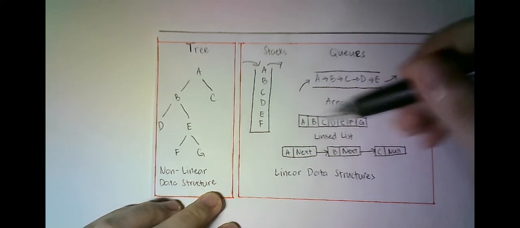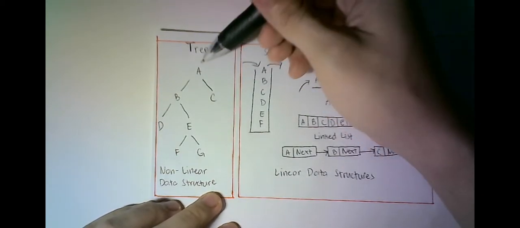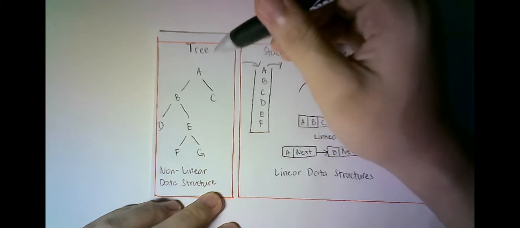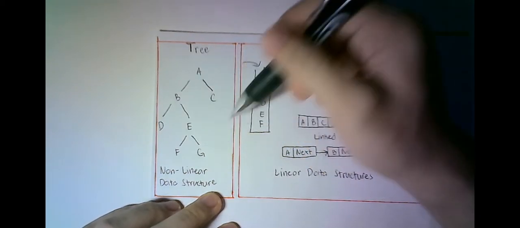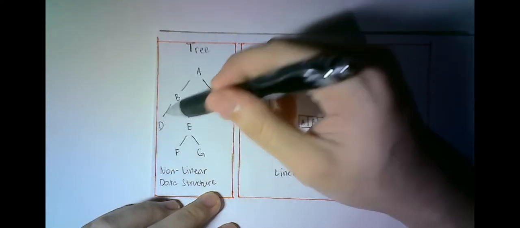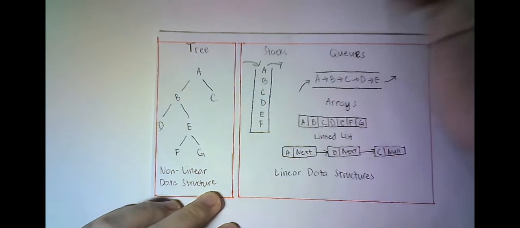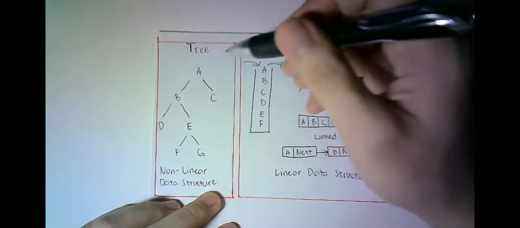Unlike the linear data structures, in trees its nodes are connected to multiple other nodes, or to only one node, or not connected to any nodes at all.